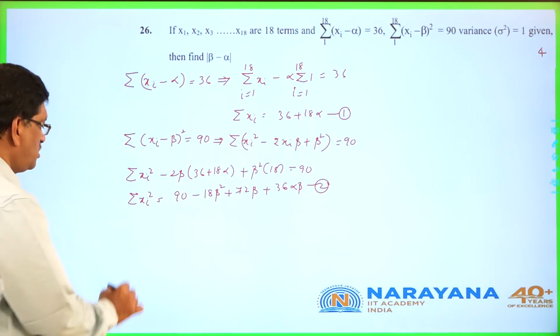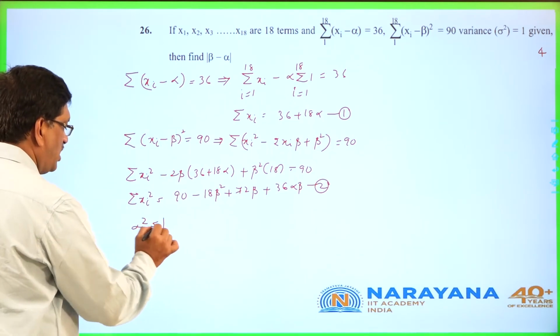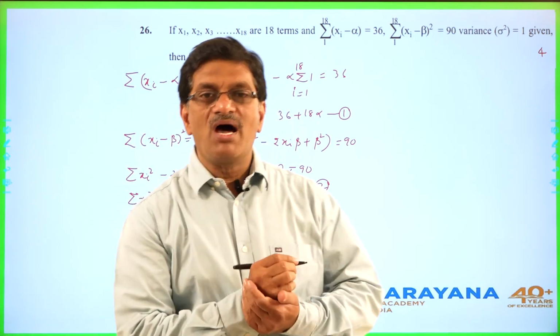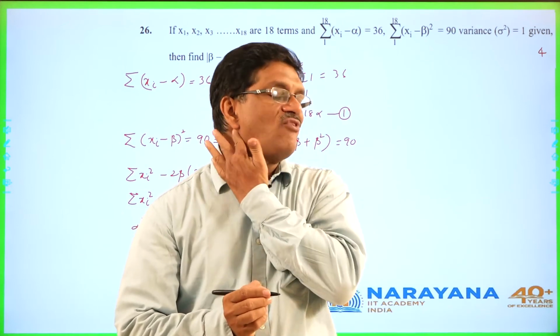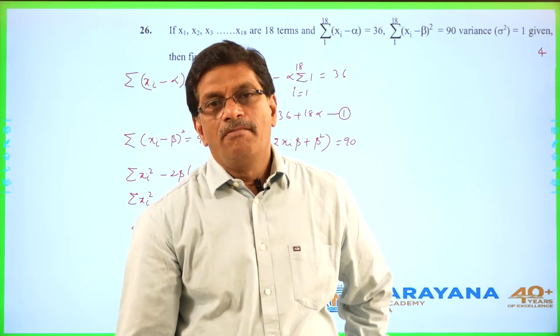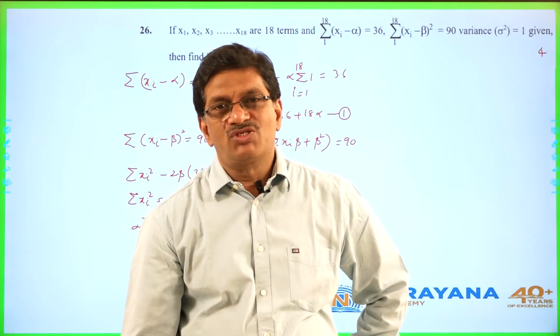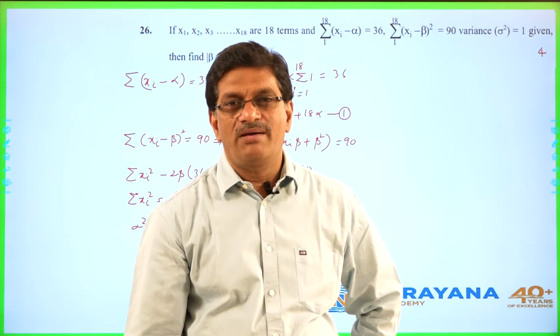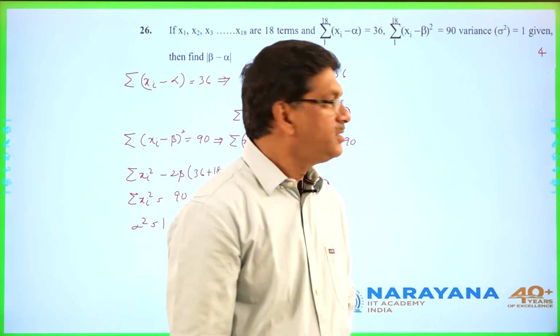He has given variance is equal to 1. You know the formula of variance, that is sigma xi square by n minus sigma xi by n whole square. Right.